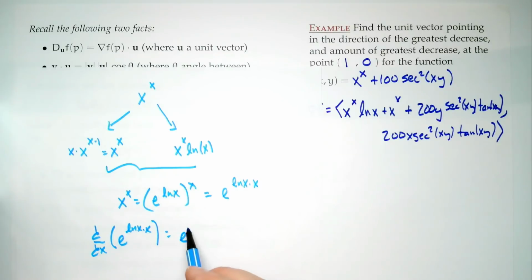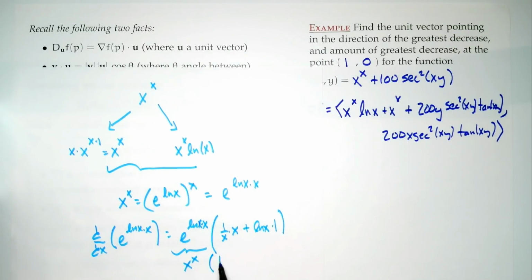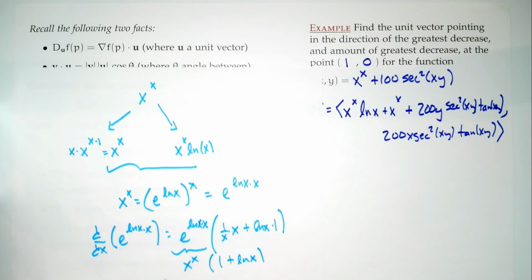So that's e to the log x times x times, doing the chain rule, derivative of log x times x. Okay, whoops, I forgot an x there. All right. Derivative of log x, 1 over x, times x, plus log x times 1. Well, this is x to the x times 1 plus log x. And so if you multiply through, you'll see that's what we have.